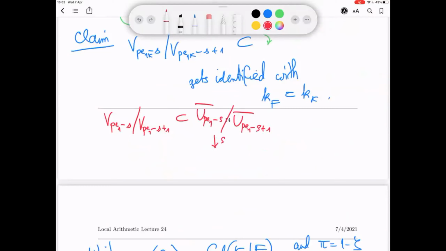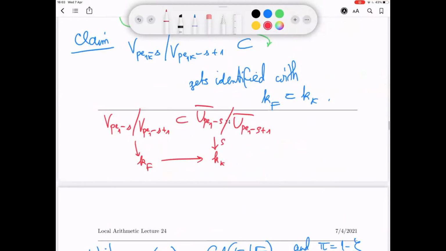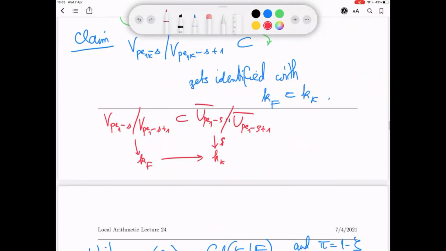This we have seen is isomorphic to KK. And we will show that this is KF inside KK. So we will find an isomorphism such that this gets identified.